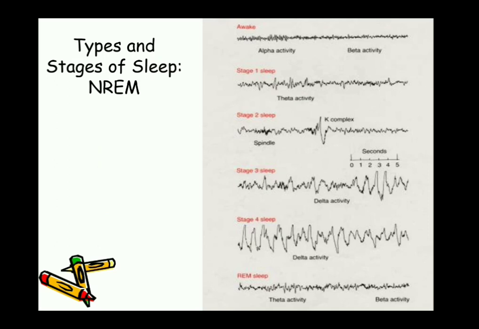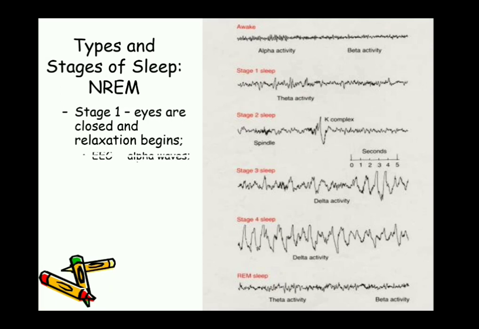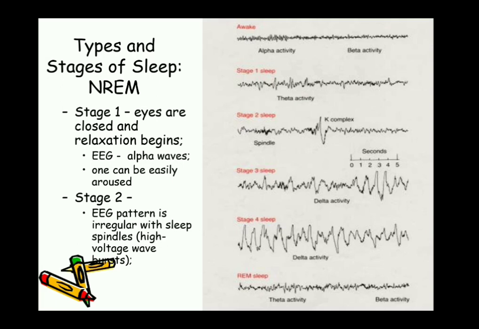So again 4 stages. In stage 1, eyes are closed and relaxation begins. EEG shows alpha waves and here the person can be easily aroused. In stage 2, EEG pattern becomes irregular and sleep spindles, which are high voltage waves, are present.